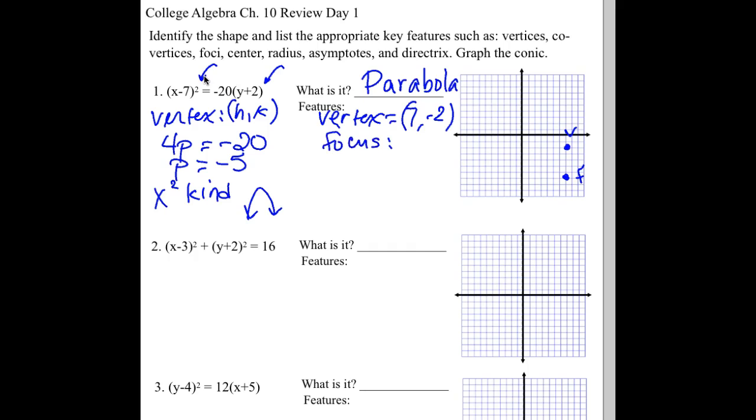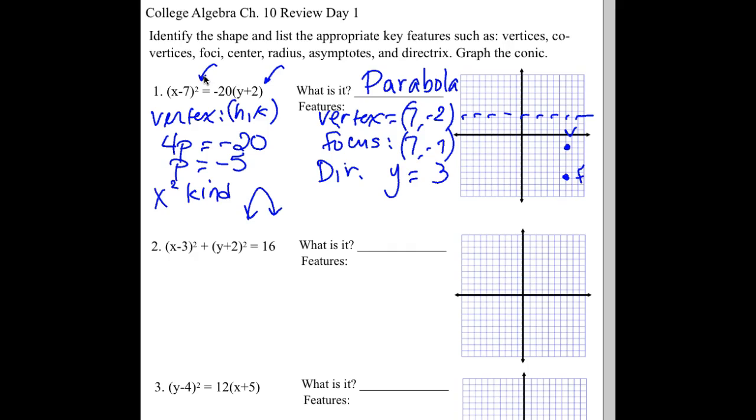Coordinates for that point would be (7, negative 7). Because the focus was 5 spaces below, the directrix is going to be 5 spaces above. So from our vertex, if we go up 5 spaces, this would be our directrix, which would have equation y equals 3.